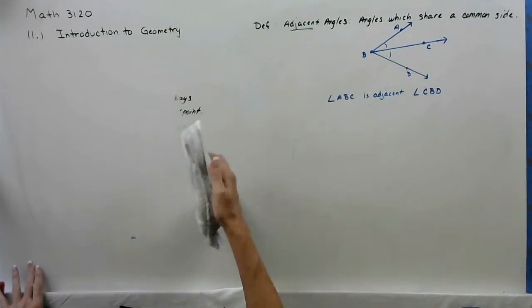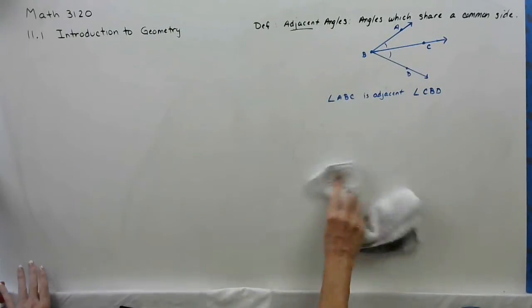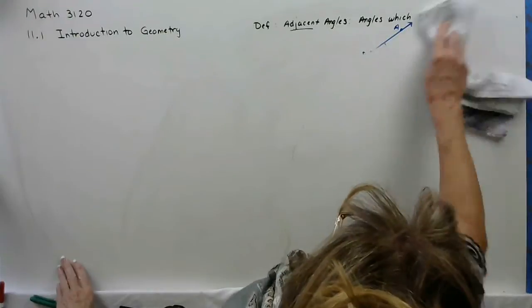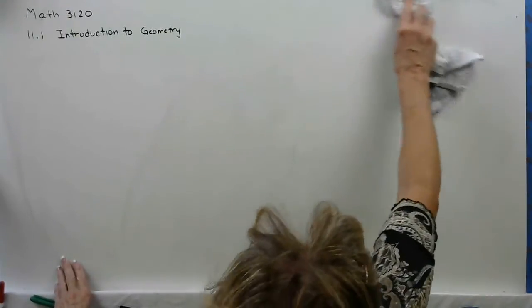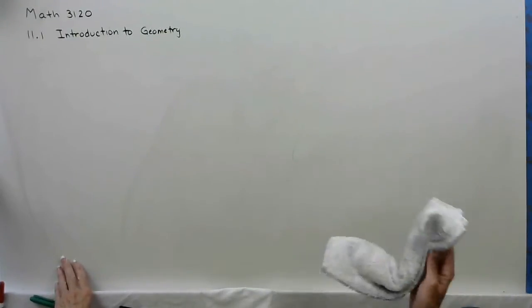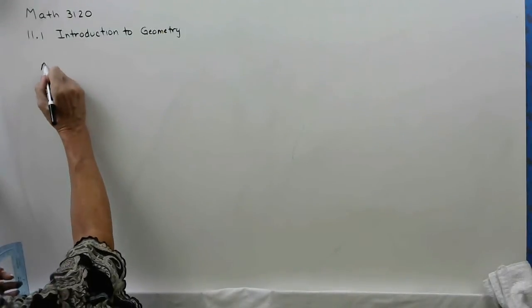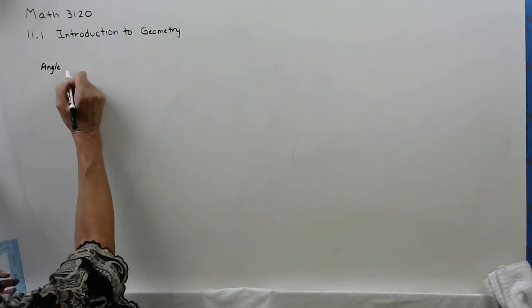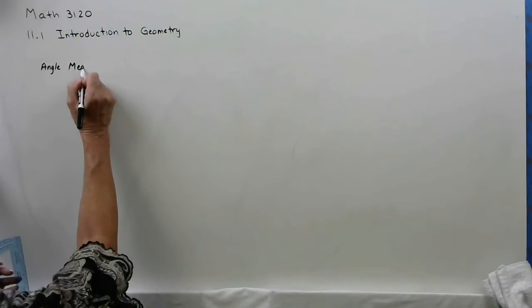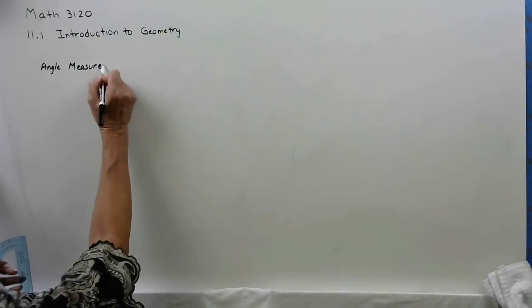So this is where we will be using a compass eventually, not today. It's not necessary for our definition day. But we want to take a look at what is a circle, how do we come up with some angle measurements, and do a little bit of calculation. So we've now talked about what an angle is. Let's talk about angle measurements.